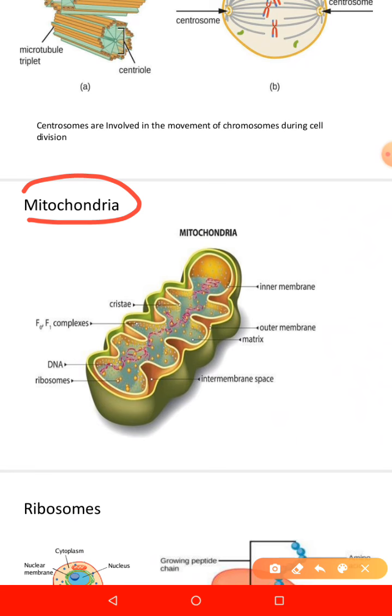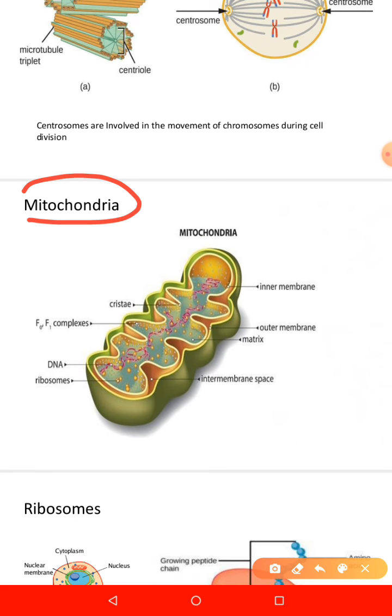Now, mitochondria, when we say it produces energy, what we mean is that the energy produced during the oxidation of digested food particles like proteins, carbohydrates, and lipids takes place in the mitochondria because it has oxidative enzymes. Okay?